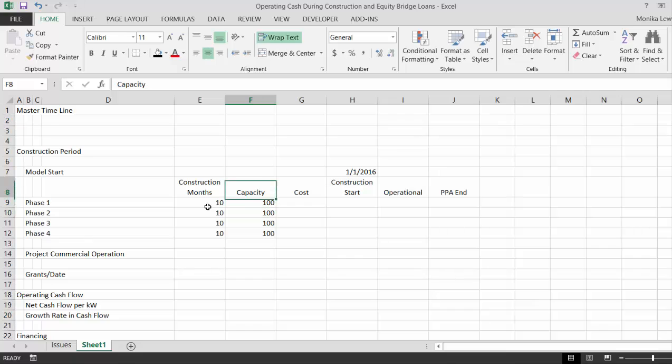Make it a really big farm. And the cost, in USD per kW, is 2,000.